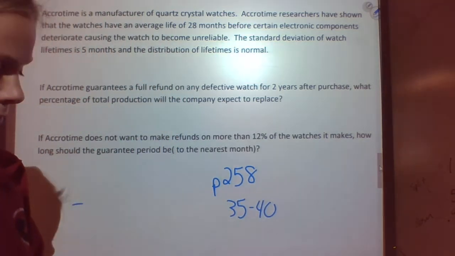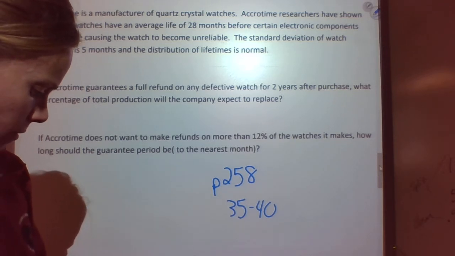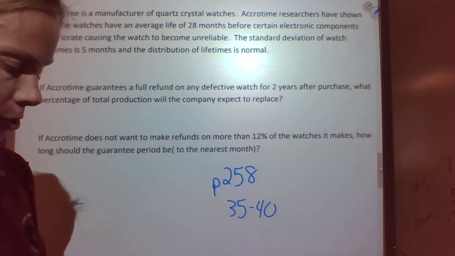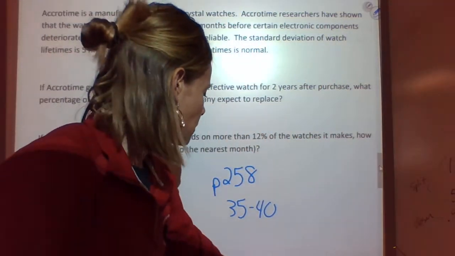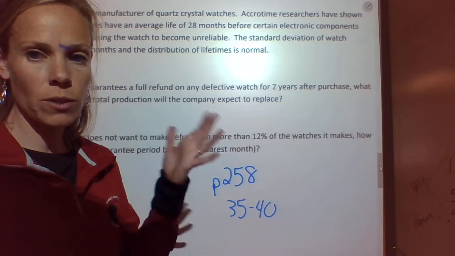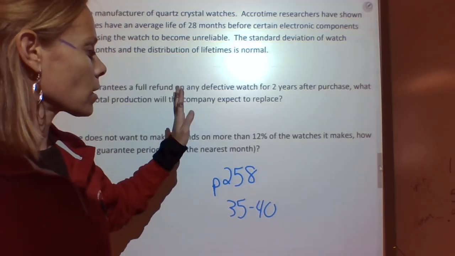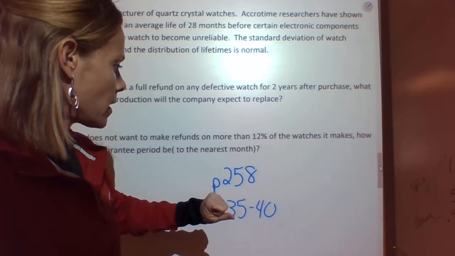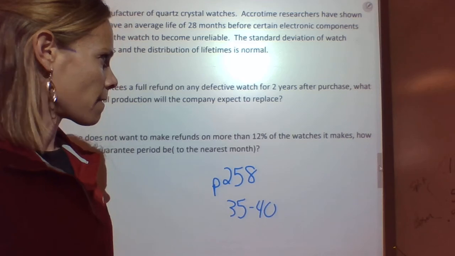Okay, so 35 through 40 is then applications of going backwards. Okay, so percent to z to raw. Okay, and remember the odds are in the back of the book. Look those up. And then we're gonna pause here, have an activity, take a quiz, and then we'll finish up chapter 5 after that.